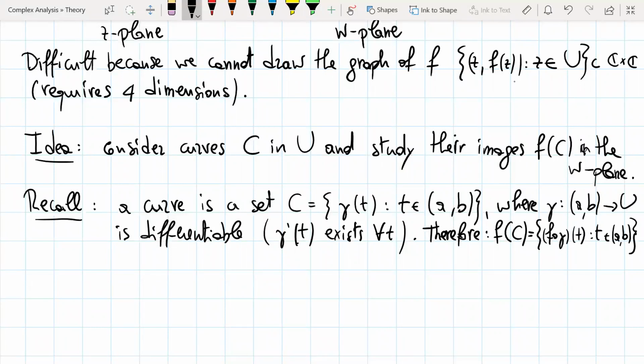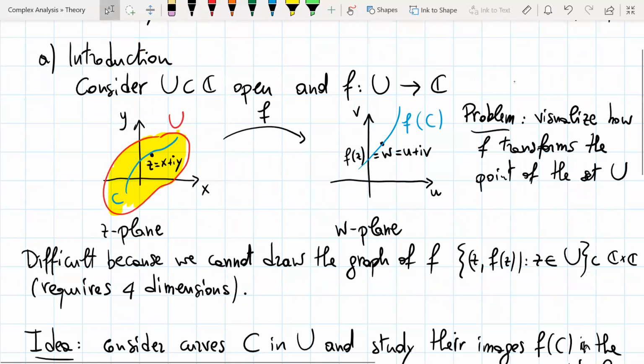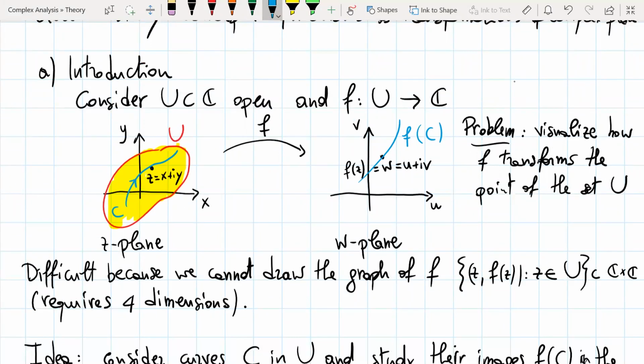In this case, we get an honest parameterization of the curve given by gamma. We also have here an orientation of the curve because the interval is oriented, so we can go from small t to big t, and this gives us also an orientation of the curve. So the point z here is then gamma of t for some t.